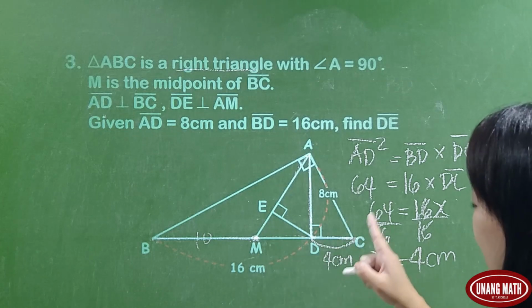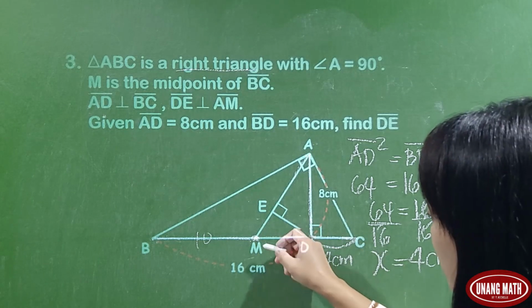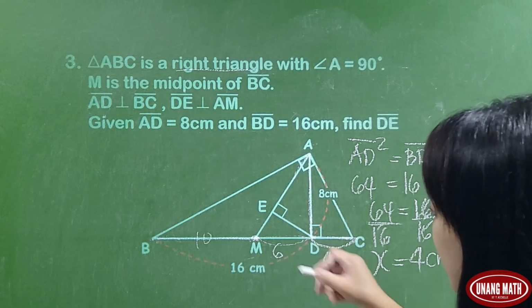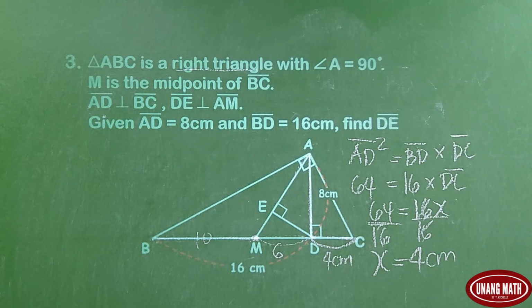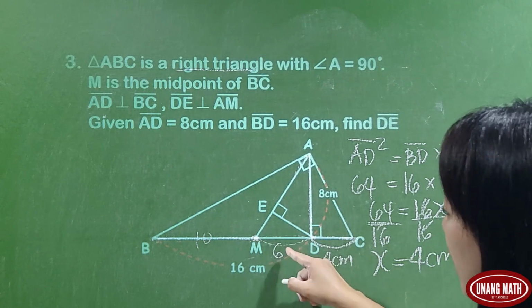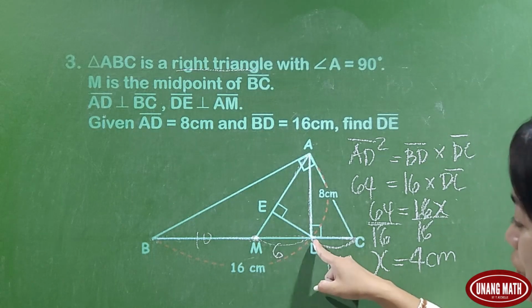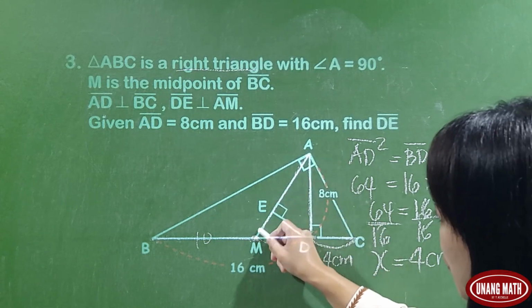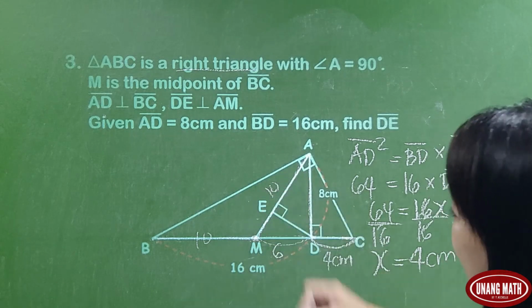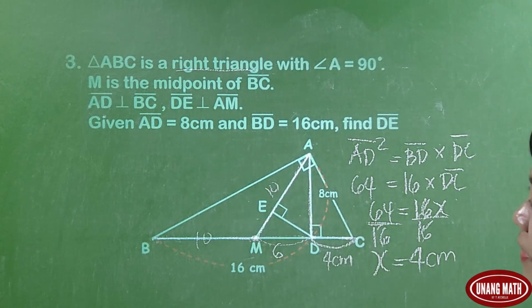So M to C is 10 centimeters. This is already 4, so it means MD is 6 centimeters. Now we already know the measure of MD. We also know the measure of AM, which is also 10 centimeters.